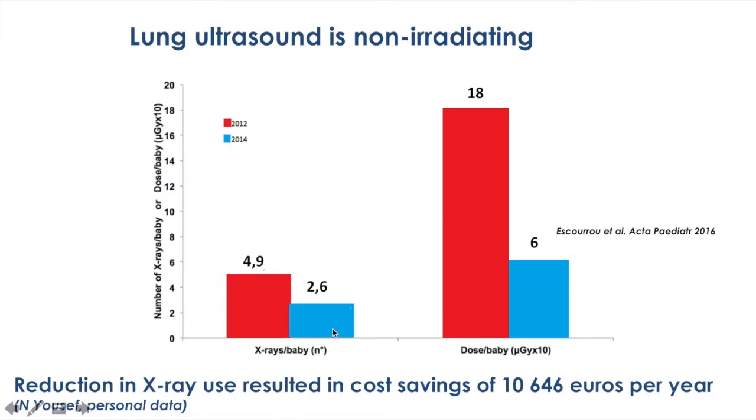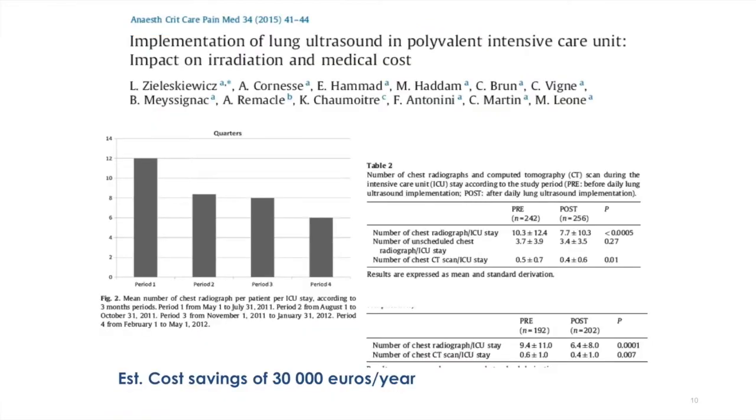You can observe a reduction by half of the number of X-rays per baby and a decrease by 3 times of the dose received per patient. In total, this resulted in a cost saving of 10,646 euros per year.